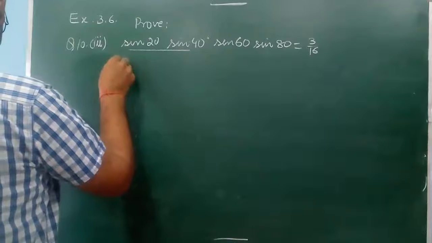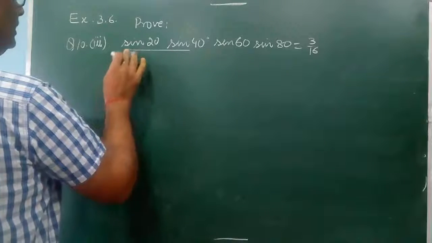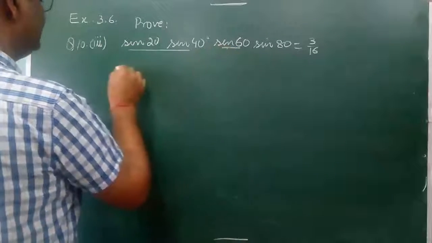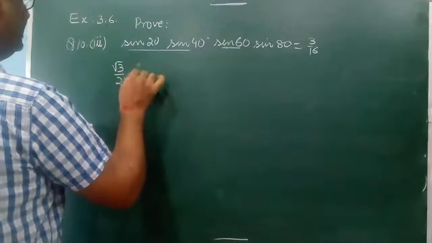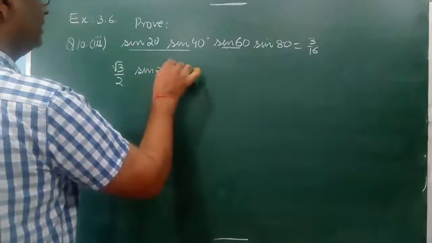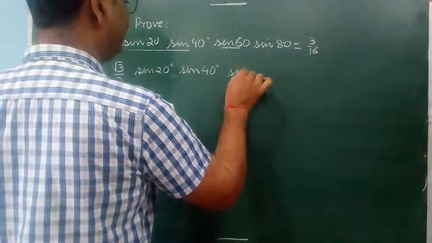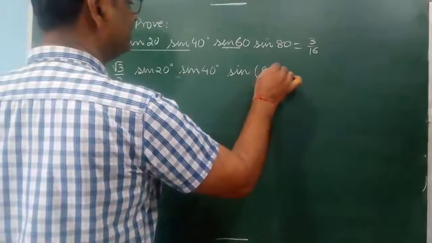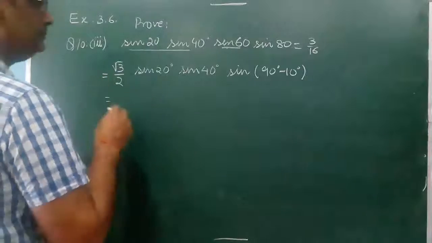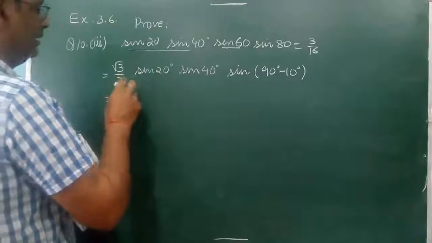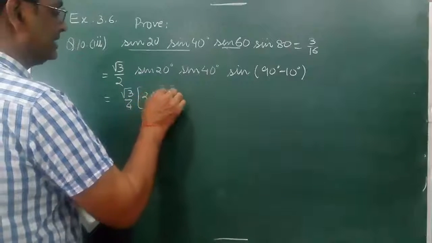We can write here sin 20, sin 60 we know, sin 60 is root 3 by 2, and here we now have sin 20, sin 40 and sin 80. For sin 80 I can write 90 degree minus 10 degree. Now here we have got root 3 by 4. Why 4? Because 2 I will be multiplying inside.